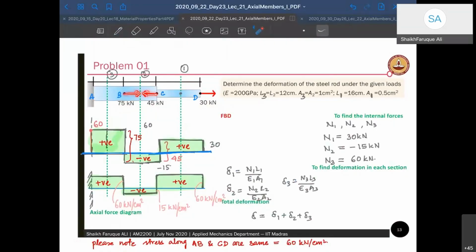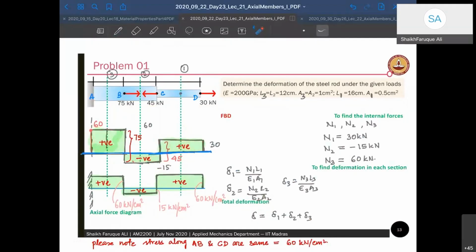Okay. So if you draw the load diagram, D is 30, so it's positive 30. Then there is a negative 45, so it comes down to negative 15 here. Then here it's positive 75, so it goes up again, up to 60. So the internal force here is 60, here is negative 15, here it's positive 30 again.